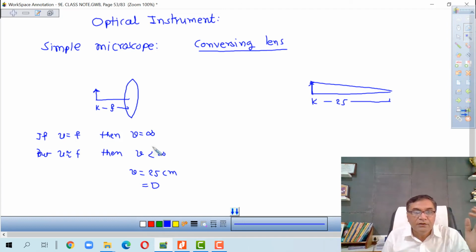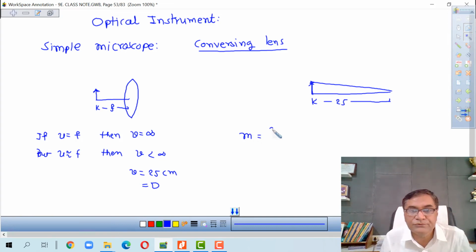Okay. So આવું જ્યારે હોય ત્યારે what is my magnification? Magnification, we know that it is V upon U for lens.